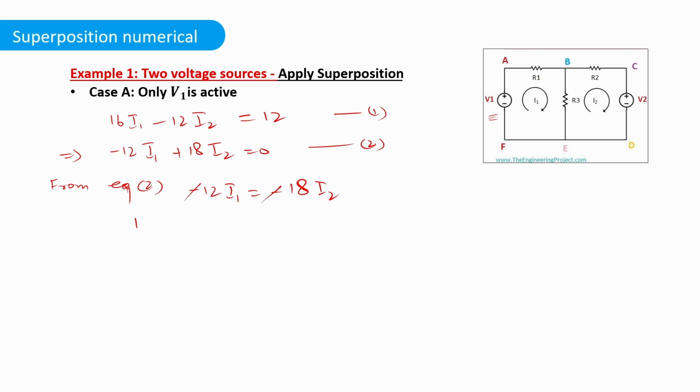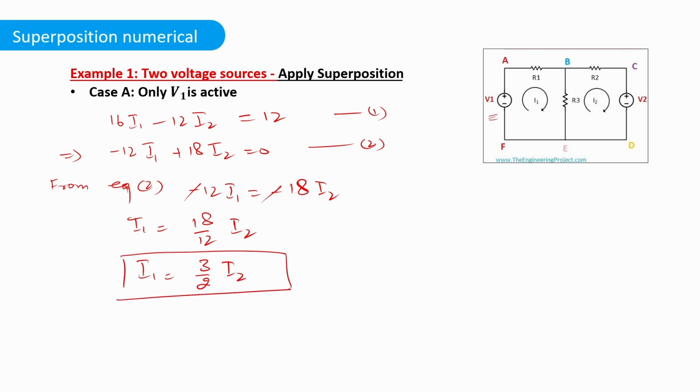Minus cancels out, and I1 becomes 18 by 12 I2, right? Or I can further simplify it. I can divide both by 6. So I1 becomes 3 by 2 I2. Now I can use this, let's call it equation A, in the first equation.